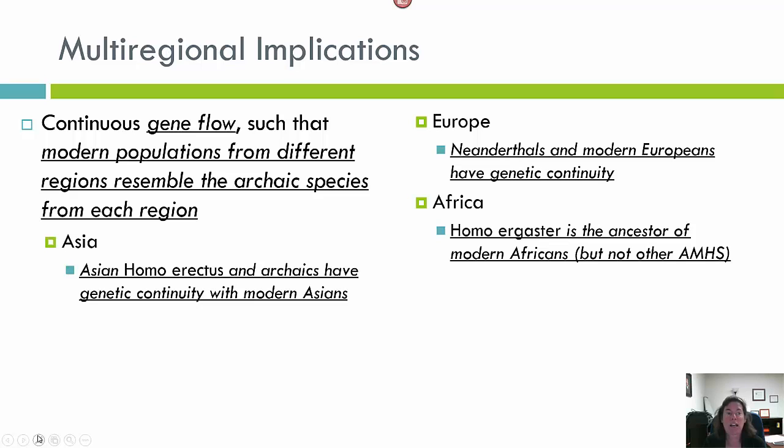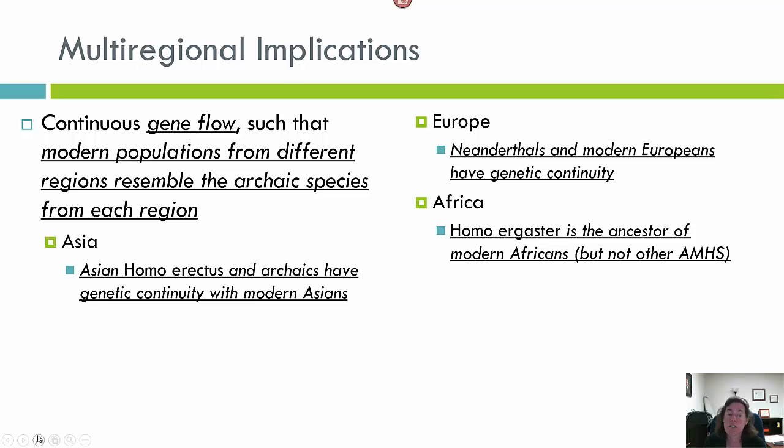It argues that continuous gene flow, such that modern populations from different regions resemble archaic species from each region. So we're going to see that gene flow, even just a little bit, is very important for the movement of genes from one population to another. What are some of the additional implications of this hypothesis?